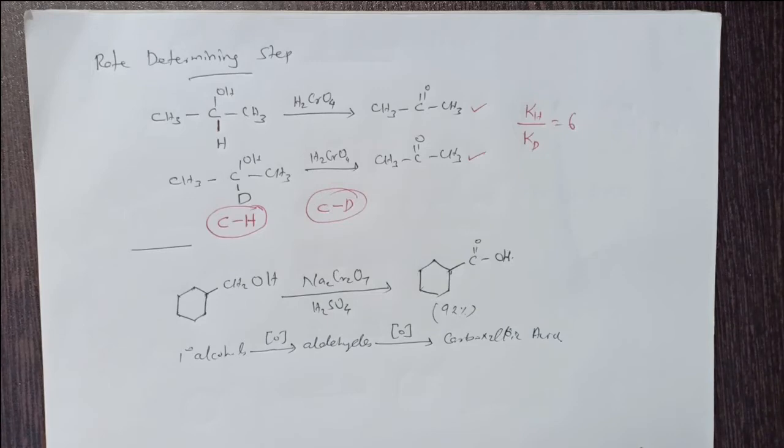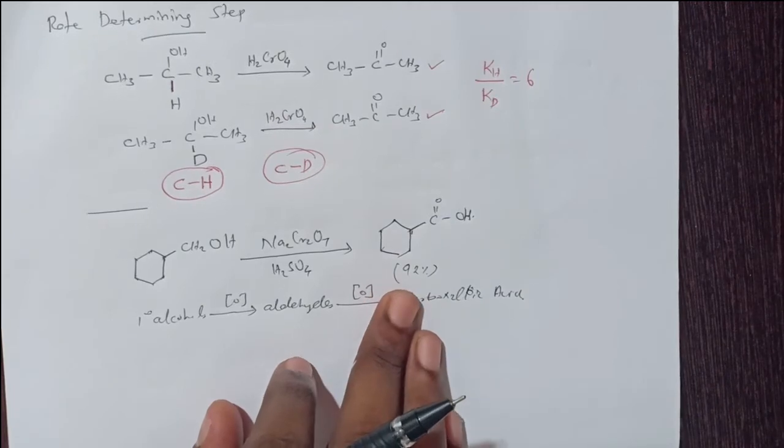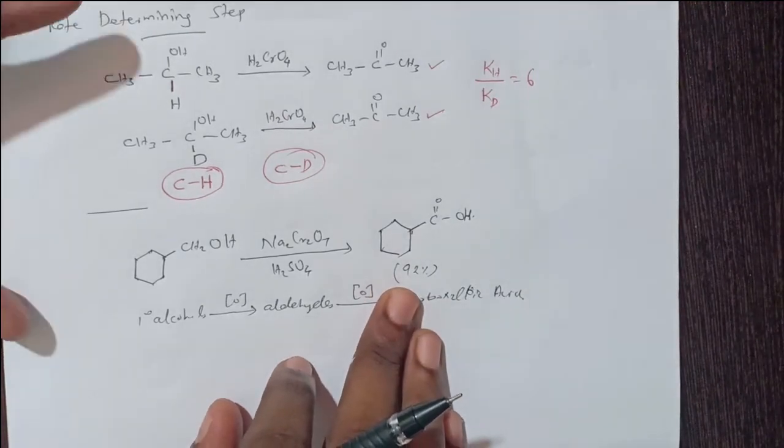It is difficult to obtain or separate the aldehyde, since most oxidizing agents are strong enough to oxidize the aldehydes to carboxylic acids. So the carboxylic acid will be the product in chromic acid oxidation. That's all about chromic acid oxidation.